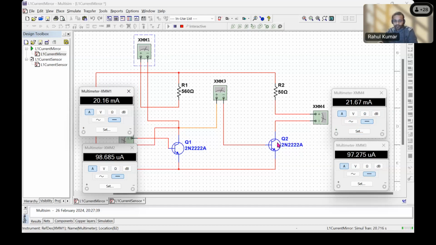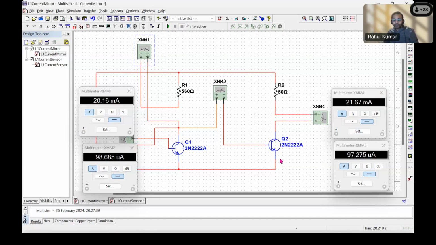Let me calculate the gain for Q1. So it's 20.16 divided by 98. It's getting 204. Although I don't know why this is slightly off.